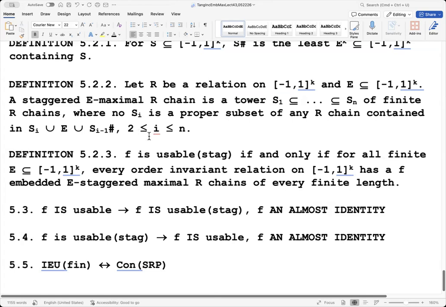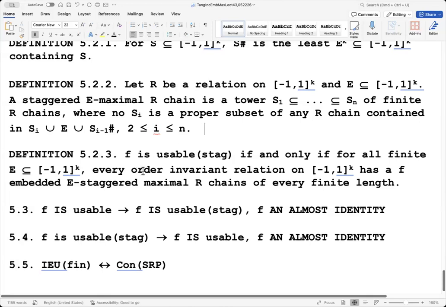If I replaced this SI with SN, but I kept this down here, I minus one, and I made this N, I would have a slightly stronger statement, but that turns out to be equivalent. So there's probably some explanatory things I should add about this.